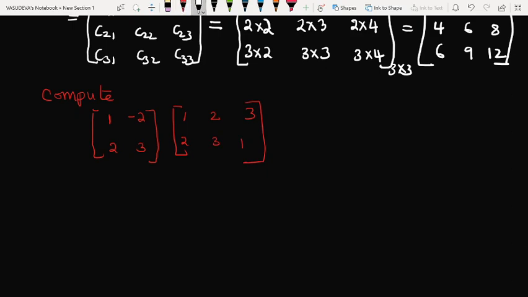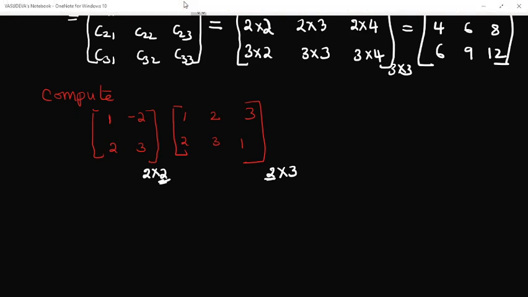When you go through these matrices, the first matrix is of order 2 by 2 and the second matrix is of order 2 by 3. Finally, the number of columns of the first matrix is equal to the number of rows of the second matrix.